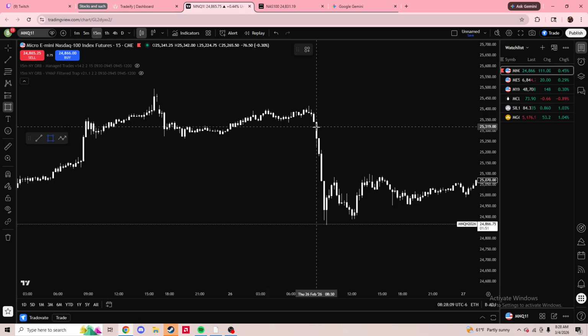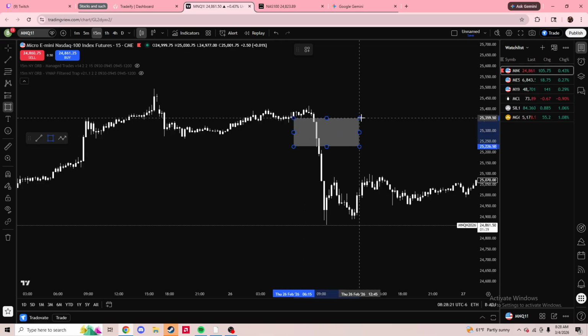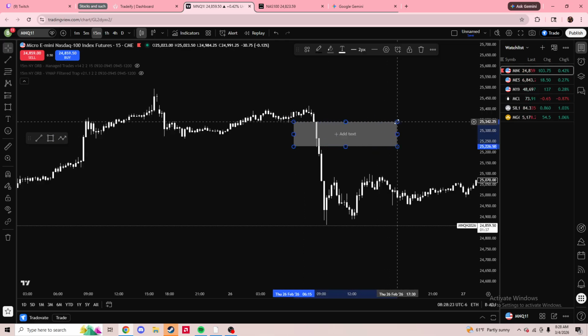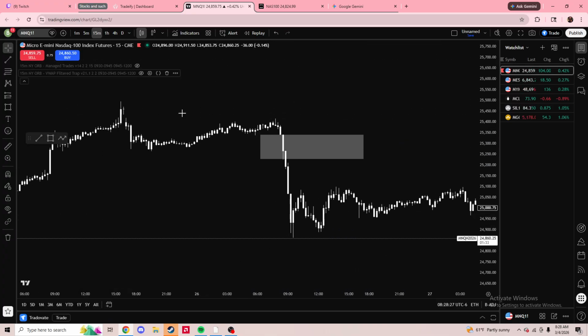This whole thing is considered a candle, and the line you see is the wick. If there's a wick at the bottom and a wick at the top, you do wick to wick. If not, you just do the whole top to the whole bottom. When you mark it out, you have what's called a zone.